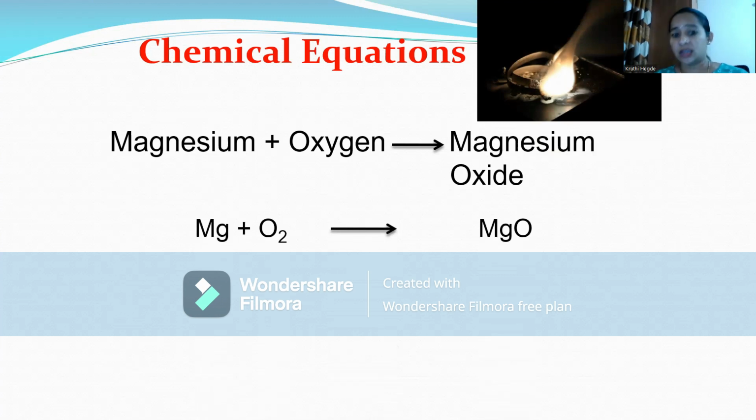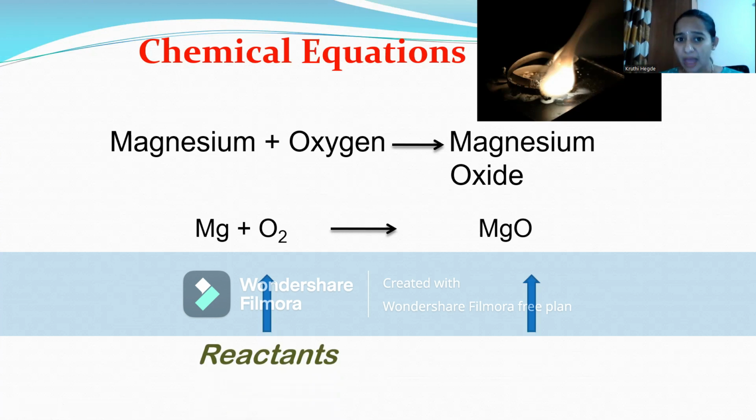The above one is the word equation, whereas this one is the symbolic equation. Mg is the magnesium symbol plus O2, oxygen, giving MgO. Here, the left-hand side of the arrow mark represents reactants, whereas the right-hand side of the arrow mark represents products.